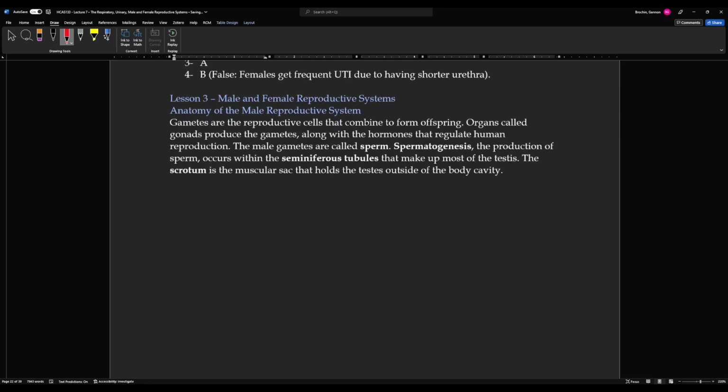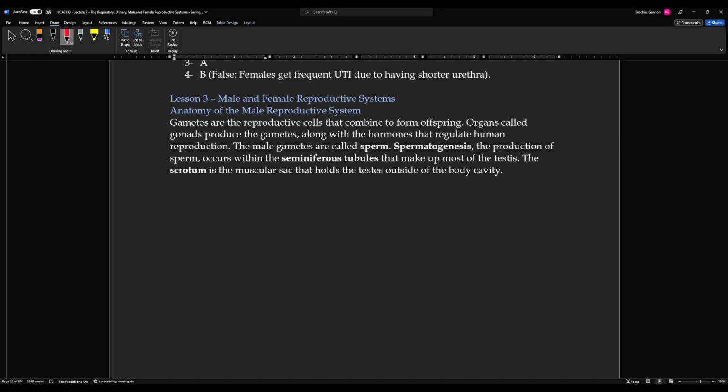So, male and female reproductive systems. This is kind of the last big system that we'll talk about, because in the next week we'll be focusing on genetics and hereditary stuff.